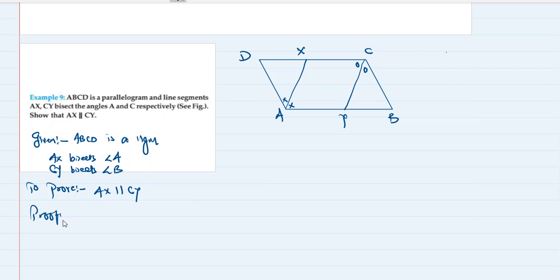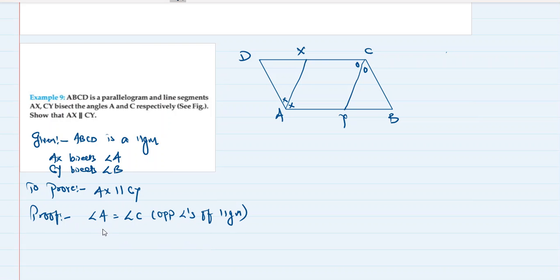Proof. See, first of all, angle A is equal to angle C. Why? Because they are opposite angles of parallelogram. Opposite angles of parallelogram are equal.